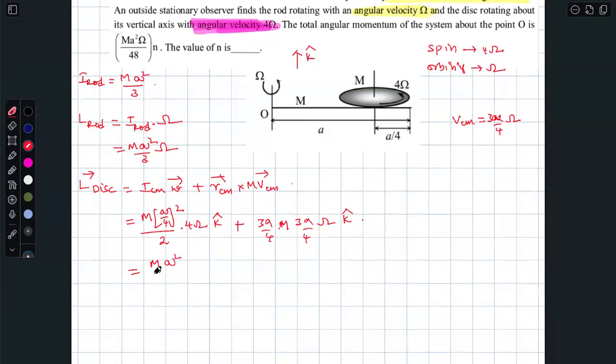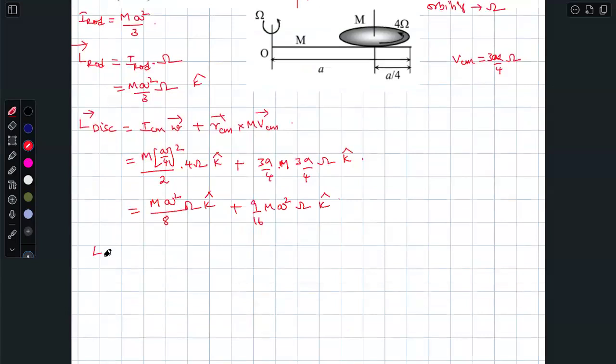M a square by 8 k cap, omega 8 k cap. And this is also k cap actually. Plus 9 by 16 m a square omega k cap.